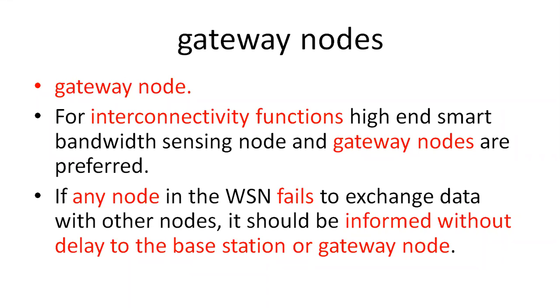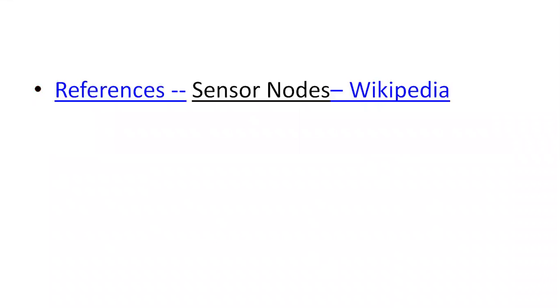For example, if some nodes fail in a network, how can you get that information? By using this gateway node. These are the different sensor node categories. For the references, you can go to Wikipedia.